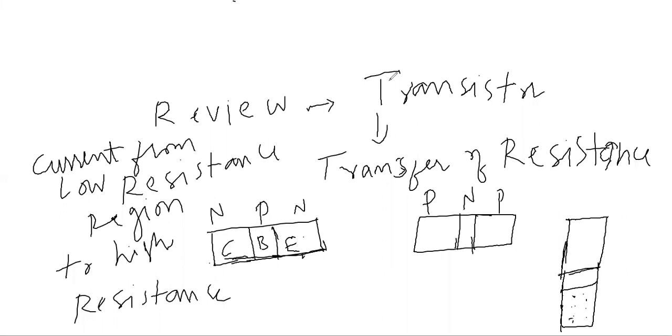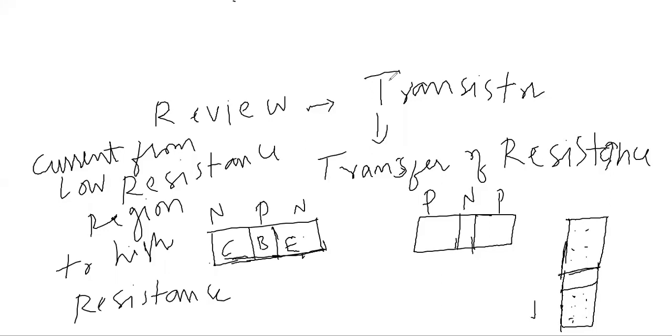For example, if it is NPN, then electrons are concentrated more here as compared to the collector. Collector is moderately doped, okay? And the base is a very thin region. It has a very low concentration of majority carriers.